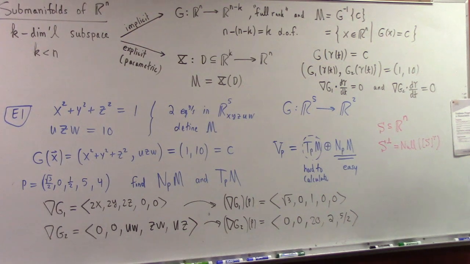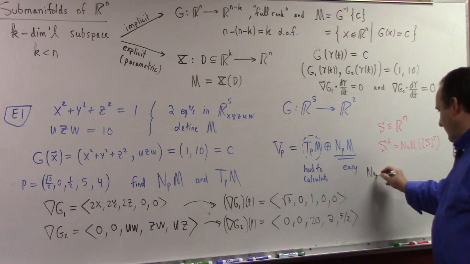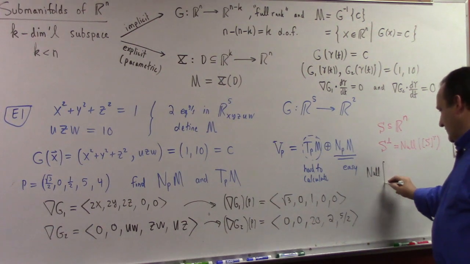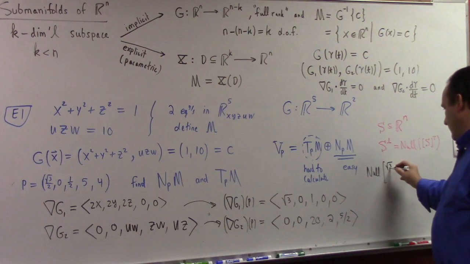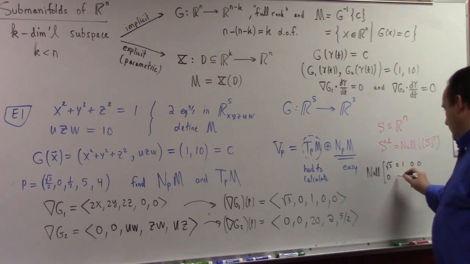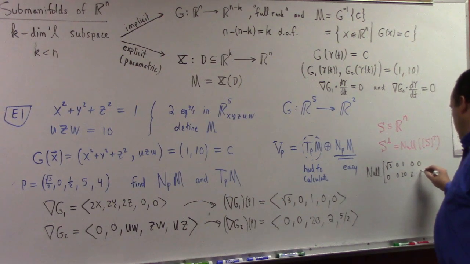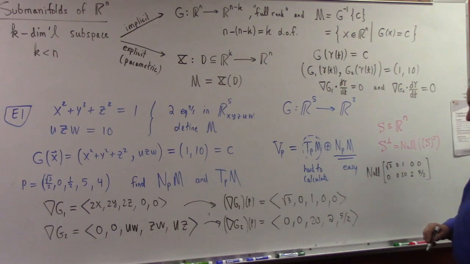So you basically just need to calculate the null space of the matrix root 3, 0, 1, 0, 0, and 0, 0, 20, 2, 5 halves. Those are column vectors, so I transpose them.